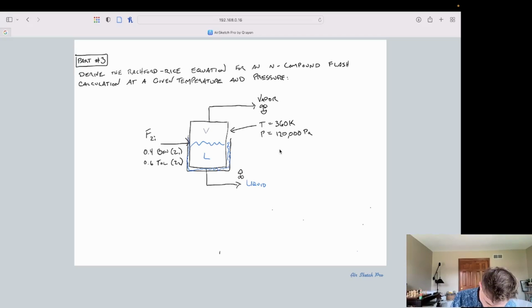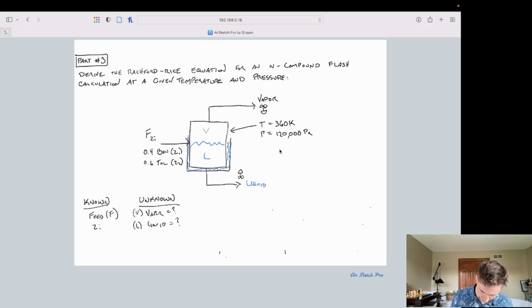So what is known here is our feed composition, and what is unknown is the amount that is going to be leaving in the vapor phase and the amount in the liquid phase.